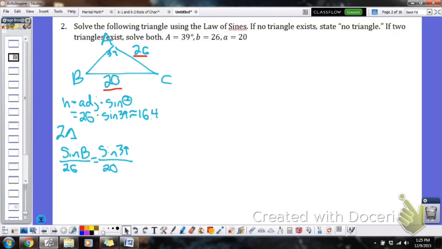So to start solving this, we will cross multiply. So I'll take 20 times the sine of B, and that will be equal to 26 times the sine of 39. To get sine of B alone, I will divide by 20 on both sides.